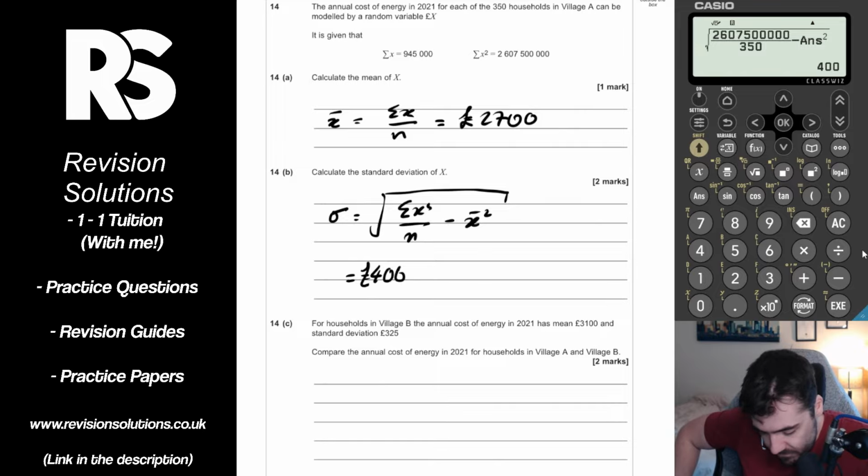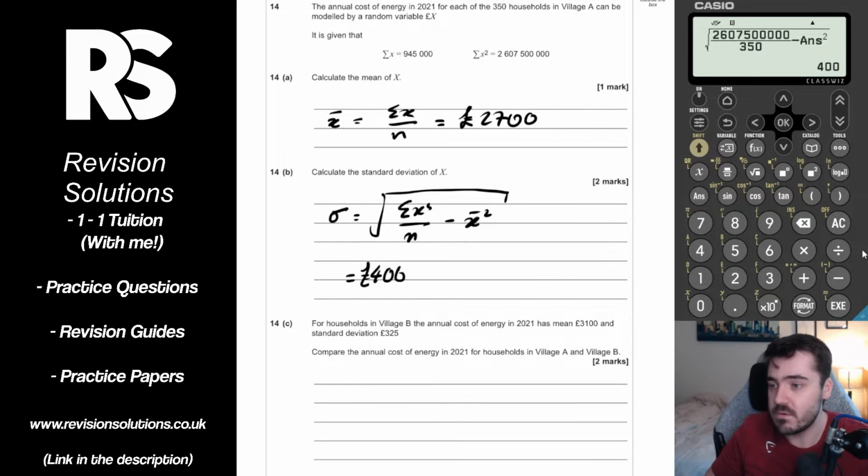Good. Right. So for households in Village B, the annual cost of energy in 2021 has a mean of 3,100 and a standard deviation of 325. Compare the annual cost. So we've got a measure of average and a measure of spread, sort of central tendency.